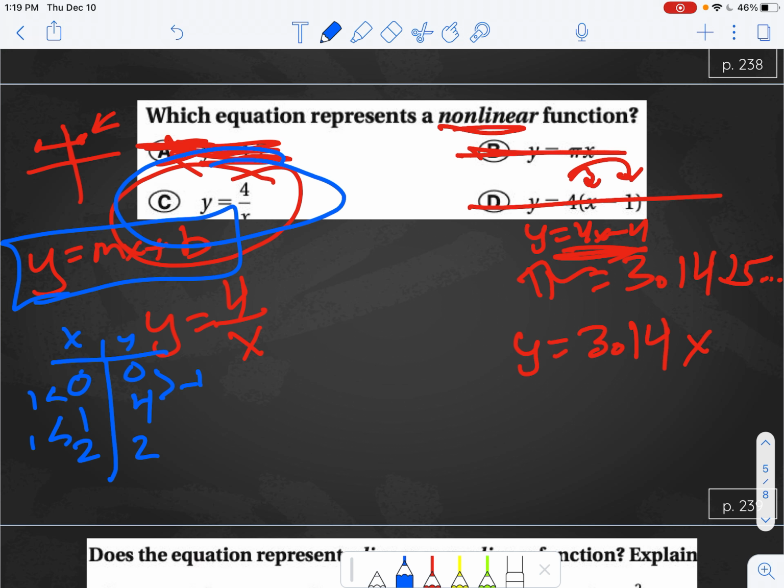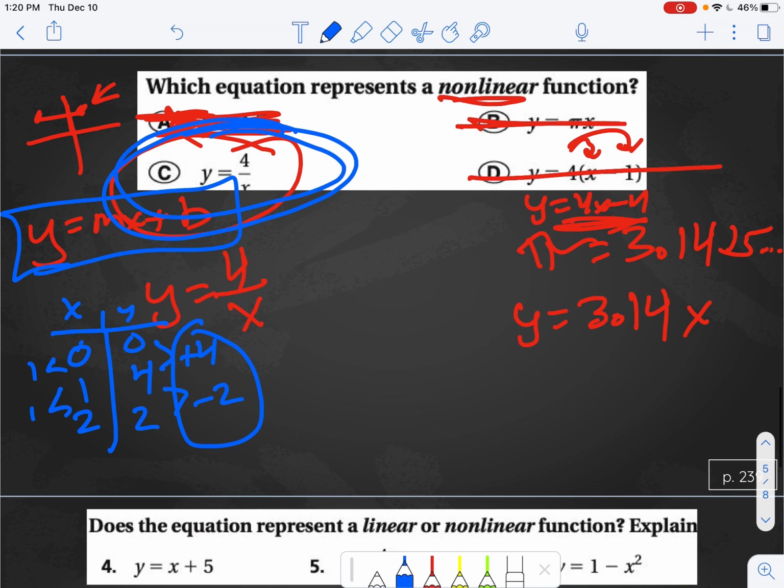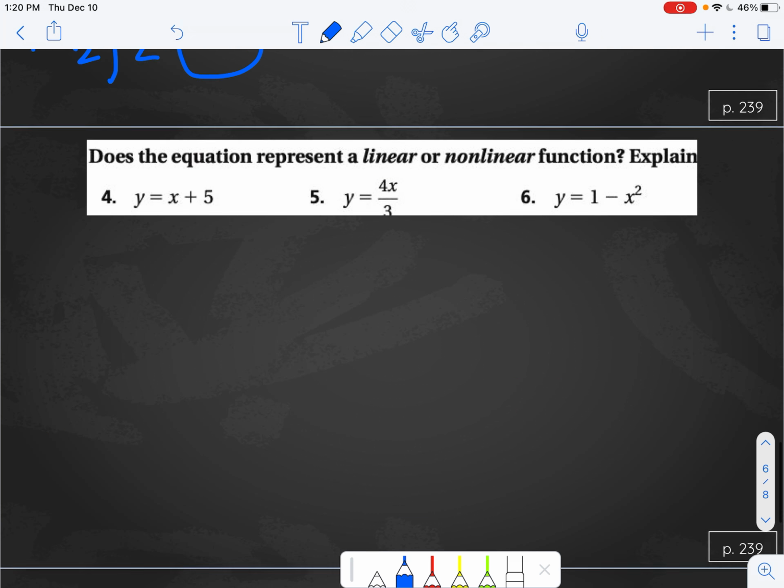But in our y's, from 0 to 4, we go plus 4, then we go minus 2. So we already have an inconsistency in the amount that our y's are changing. So all that to say that y equals 4 divided by x is non-linear.